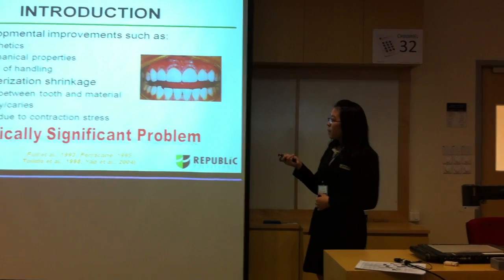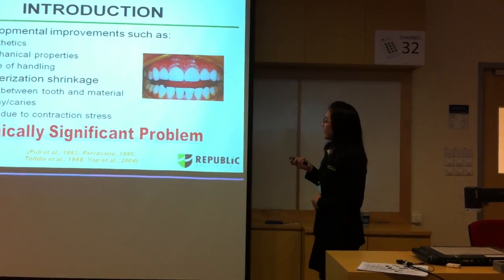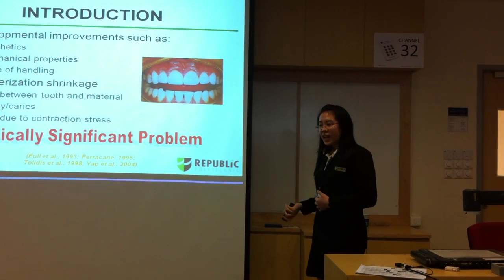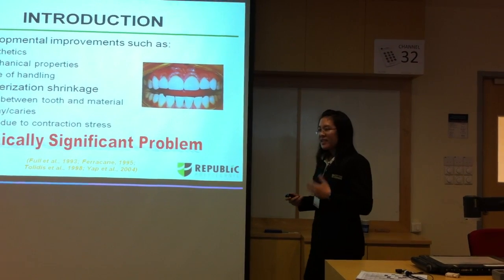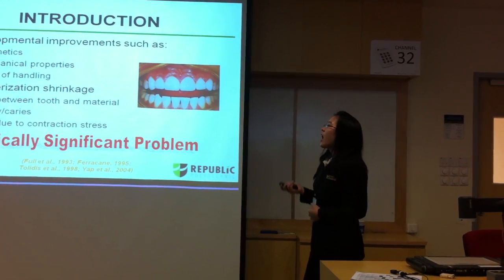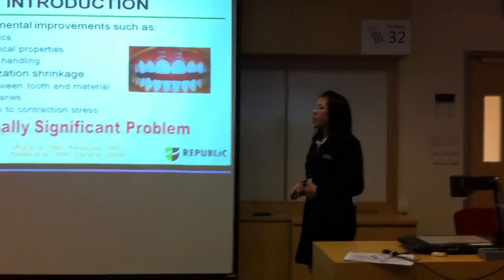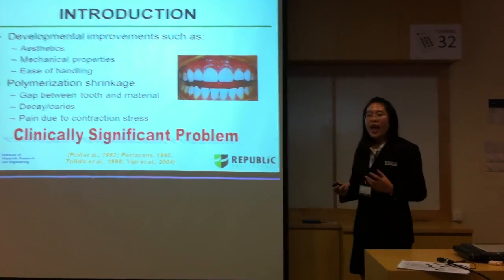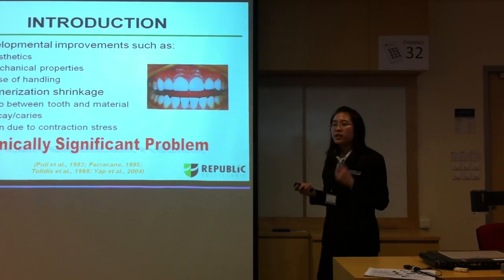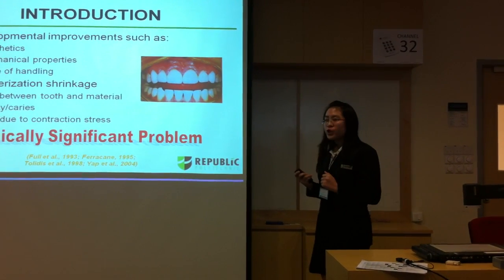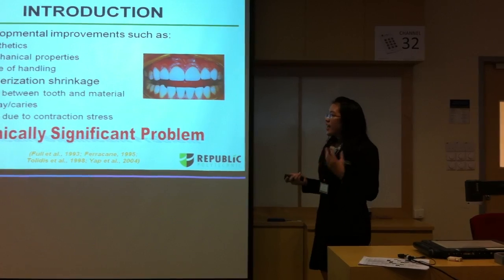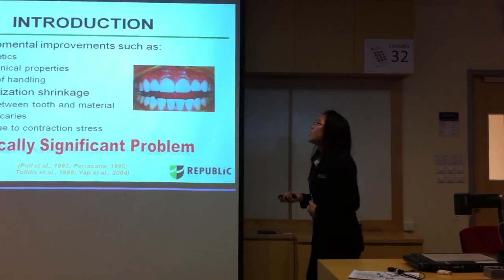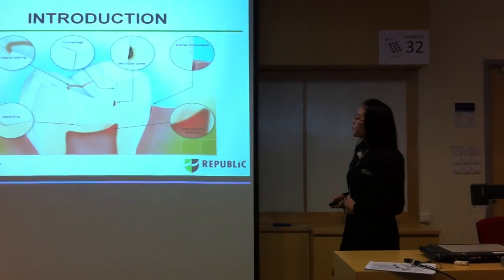This may cause a gap between tooth and material, and this gap will eventually lead to decay or caries. This will be a secondary caries, as it occurs after a first dental restorative experience. Other than that, polymerization shrinkage may also cause pain to the patient due to contraction stress. As we polymerize the dental material, it will contract and shrink, causing discomfort and pain to the patient. That's why we are here to address this problem.